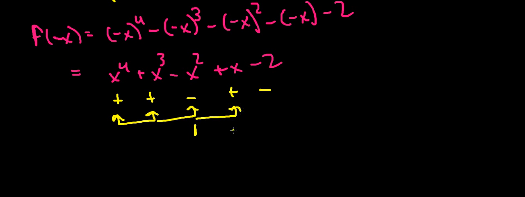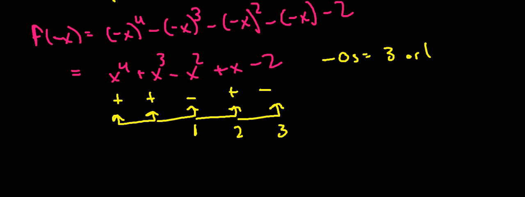Minus to plus, that is two variations. And plus to minus, that is a third variation. So we have a possibility for negative zeros of 3, or we subtract even integers. Even integers, so we subtract 2, and we have a possibility of 1 as well. So there are either 3 or 1 negative zeros.